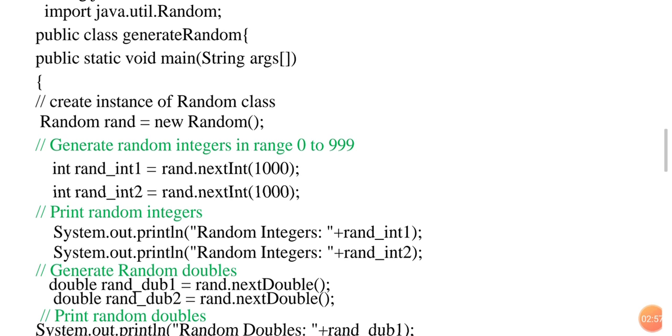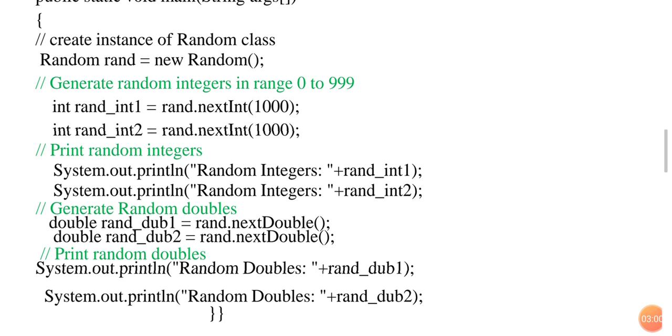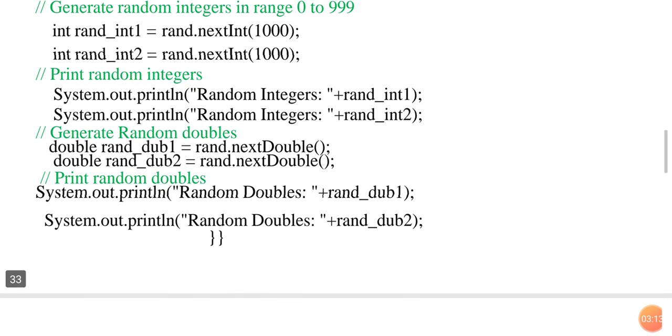The next two statements generate random doubles, so they invoke the nextDouble predefined method and store the results in the variables dub1 and dub2. To print those, once again we use System.out.println with dub1 and dub2. So the random integer values are assigned in the first two statements and printed, and then the double values are generated, assigned to variables, and printed within this code.